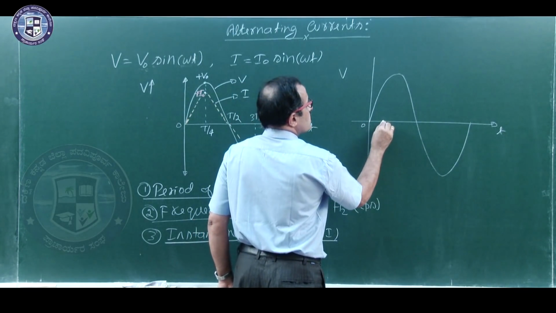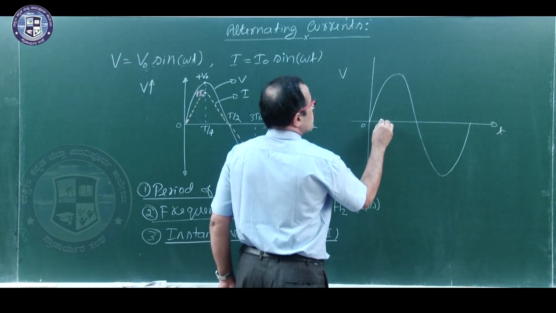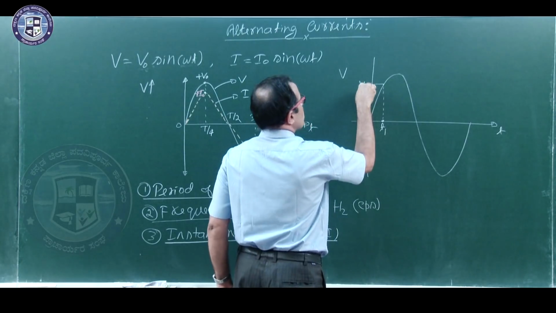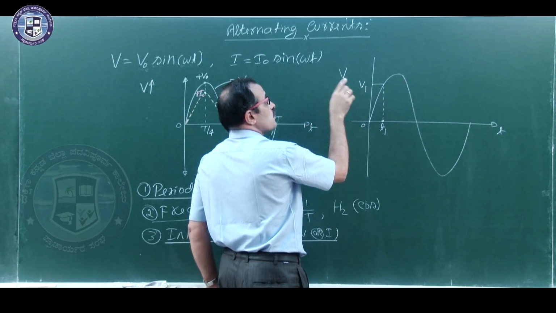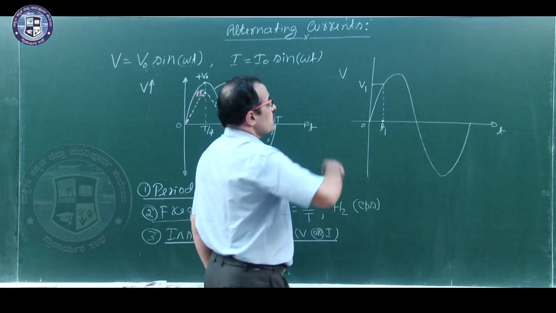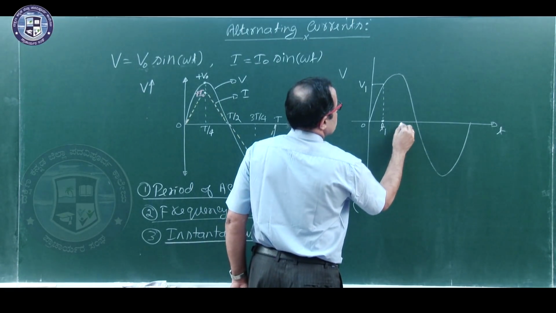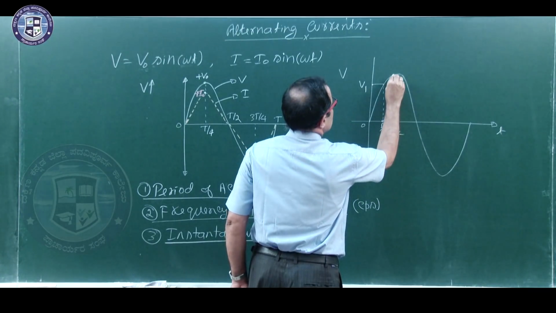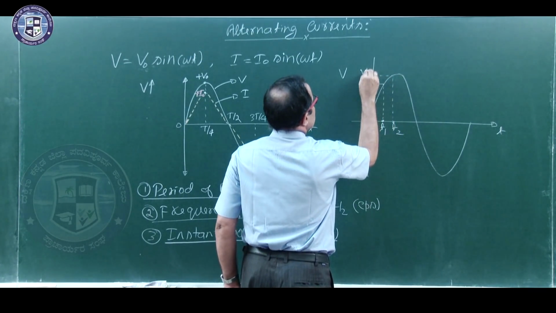At a particular time, let us say the time is T1, you have got a particular voltage, let us say V1. What is this instantaneous value? Or you take another time, let us say T2. The corresponding voltage is V2.